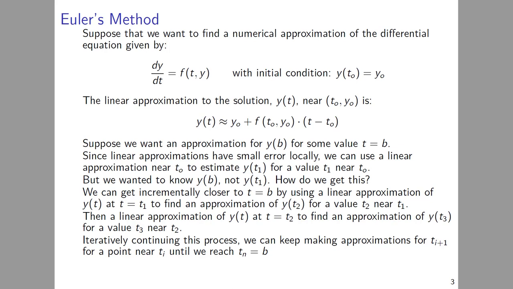We call this change in t at each step, from t naught to t1, from t1 to t2, from t2 to t3, and so on, the step size. And we can choose the step size to be h equals (b minus t naught) divided by n to ensure that tn is equal to b. So after n small linear approximations, we move from t naught all the way to t equals b.